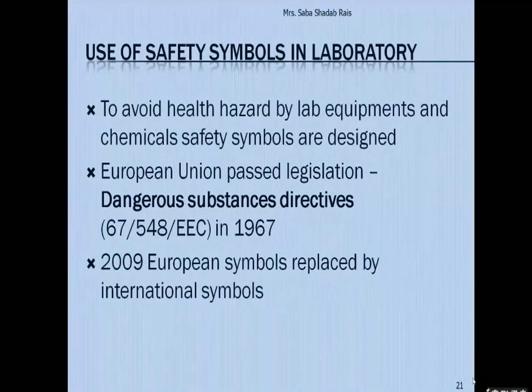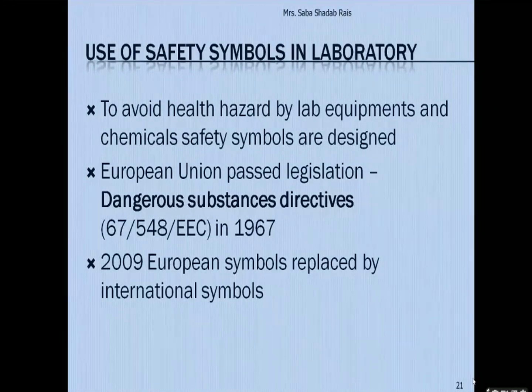The serial number of this legislation is 67/548/EEC, in the year 1967, for the classification, packaging and labeling of dangerous substances. Under this legislation, it became compulsory to classify dangerous substances. Under this law, the symbols of chemical hazard were made, the European symbols.